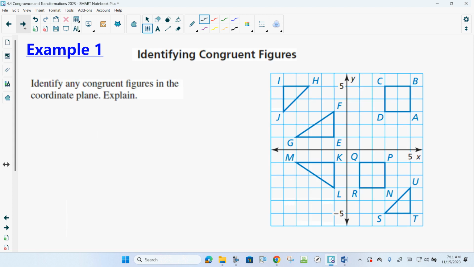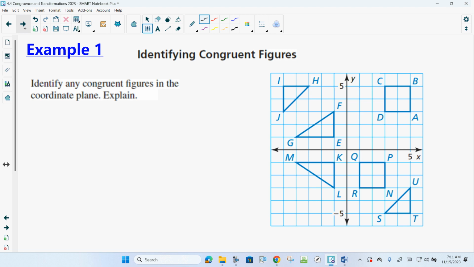So here we go. Identify figures in the coordinate plane and explain. Now, the explanation is basically that they did not change size and shape. And you can actually explain what happened to each one.